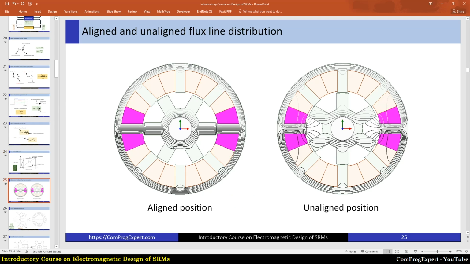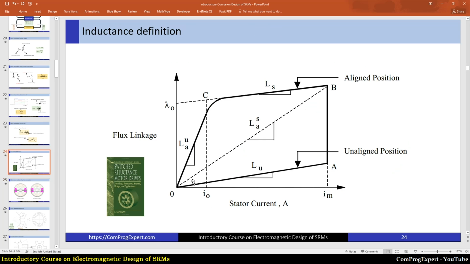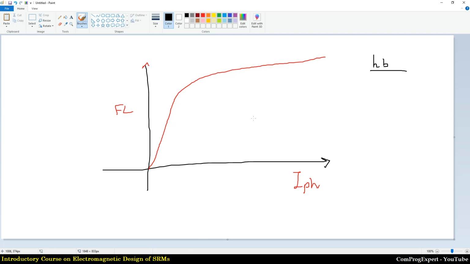The air gap reluctance is low, and this curve depends on the HB curve of the material, doesn't depend on the rotor core and stator core structure, right? Because the value of air gap reluctance is low.